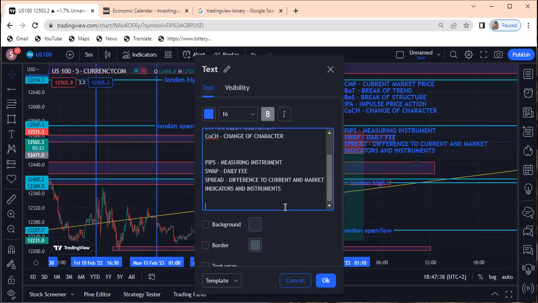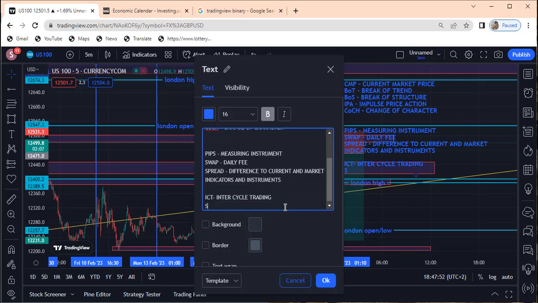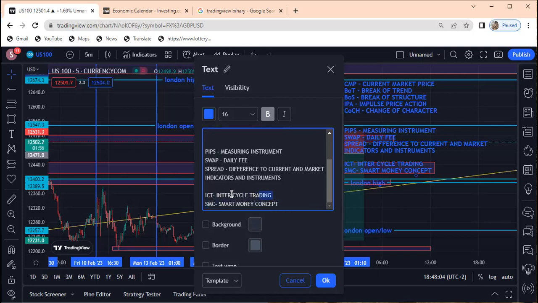As I said, ICT is Inner Circle Trader, and then we have SMC, which is smart money concept. These are the two we are trading. I've only dived into ICT with you, the current system we've been going through. Now we're going to dive into SMC, which will broaden your perspective on technical analysis.